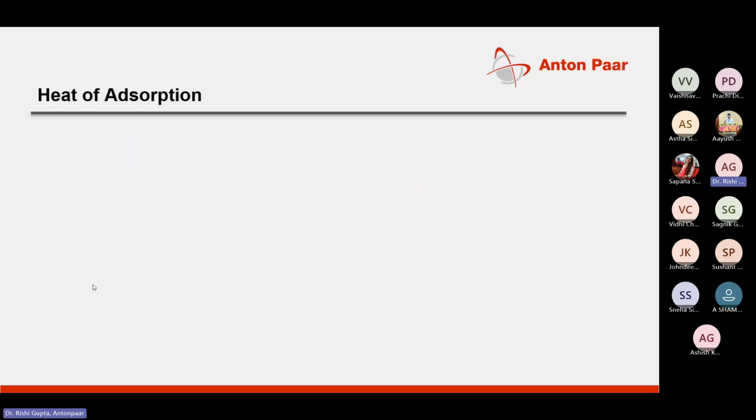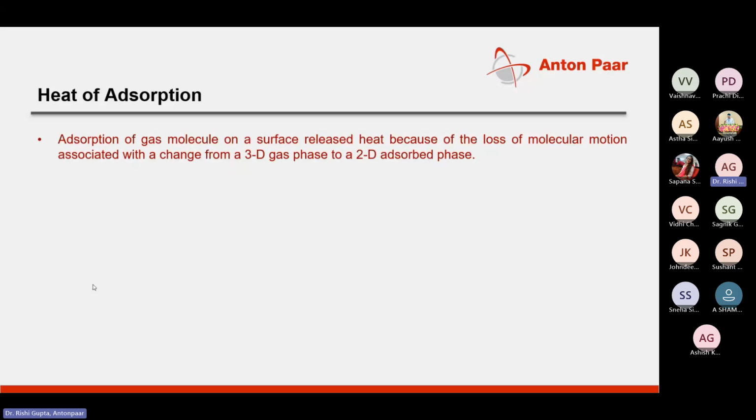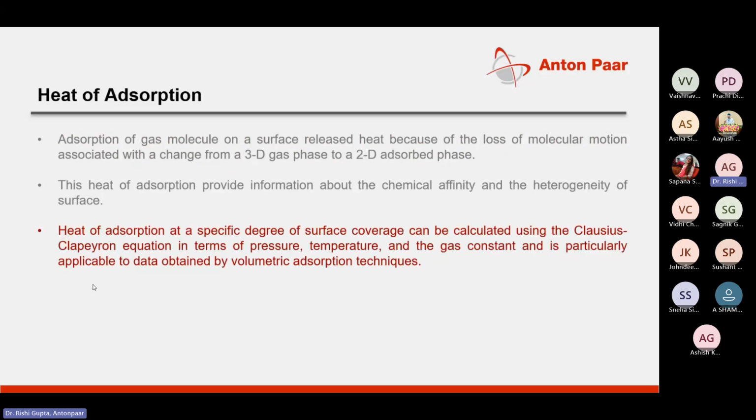And you can also calculate the heat of adsorption on your machine. This is another feature of chemisorption which you can perform with this machine, because you can also perform physisorption on it. Now, heat of adsorption is calculated using the Clausius-Clapeyron equation, which requires pressure and temperature readings.